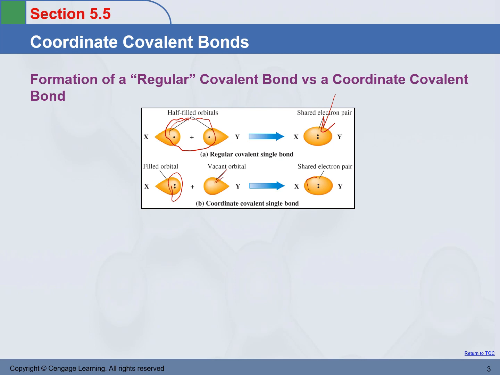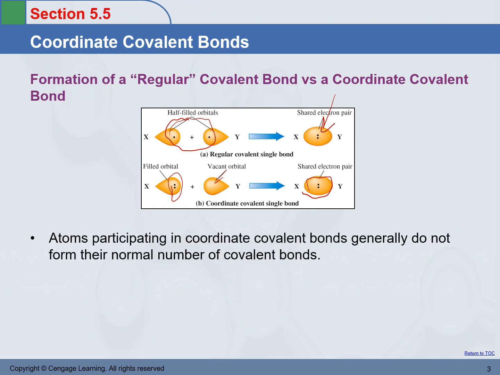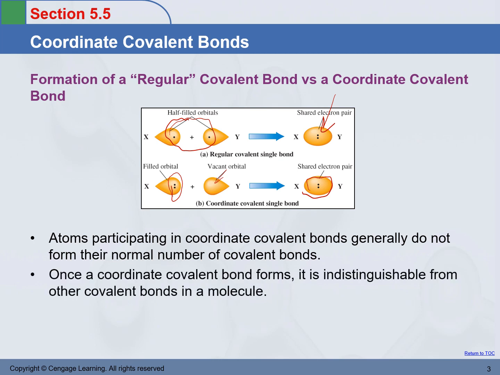They overlap to form a coordinate covalent bond. Again, if an atom doesn't have the normal number of bonds it will form, that is an indication of the presence of a coordinate covalent bond. And again, a coordinate covalent bond is indistinguishable from a regular chemical bond.